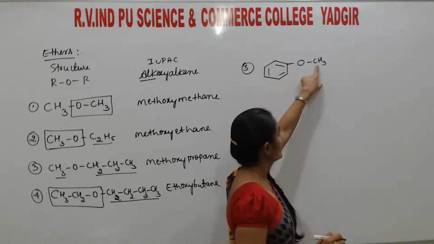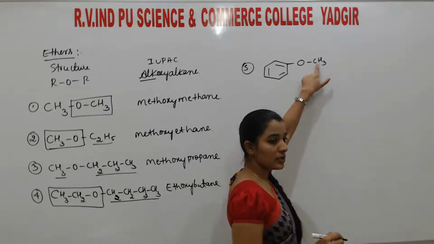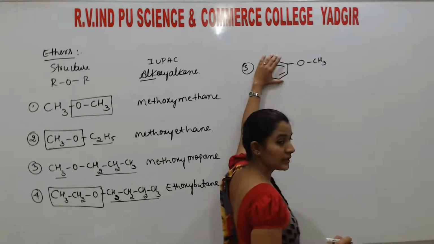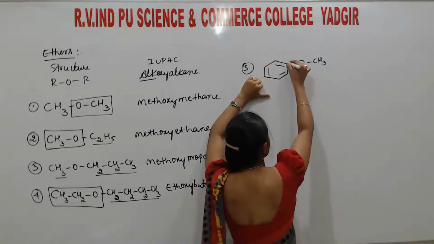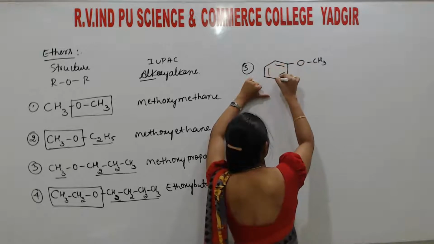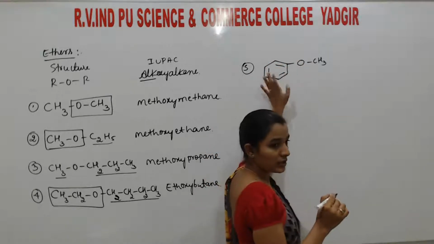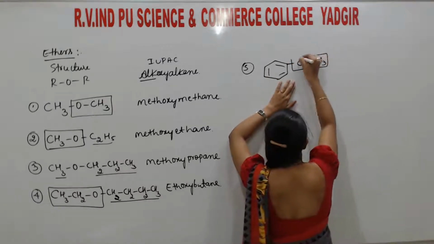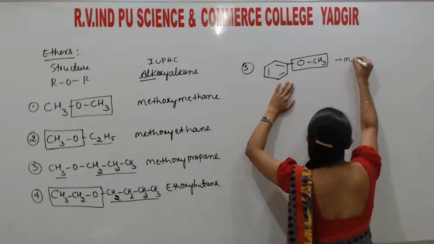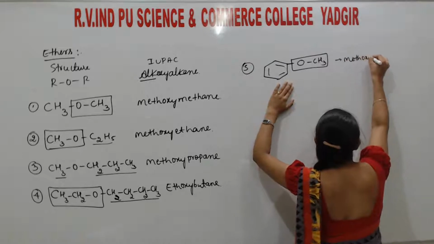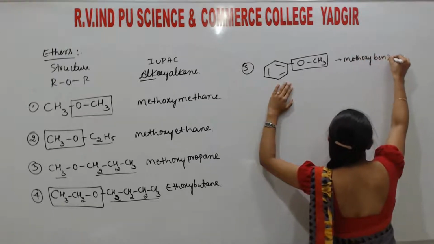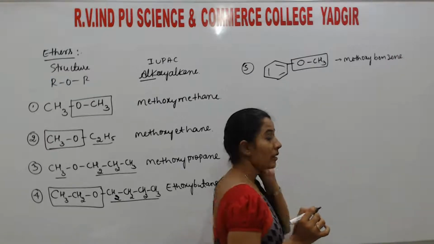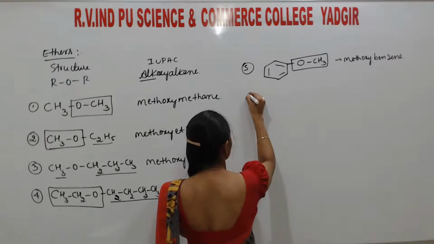But if this is considered as the parent chain, it consists of only one carbon atom. If this one is considered as the parent chain, it consists of 1, 2, 3, 4, 5, 6 carbon atoms. So this is the parent chain, and this is the functional group. So the name follows methoxy benzene. Methoxy benzene. Next.